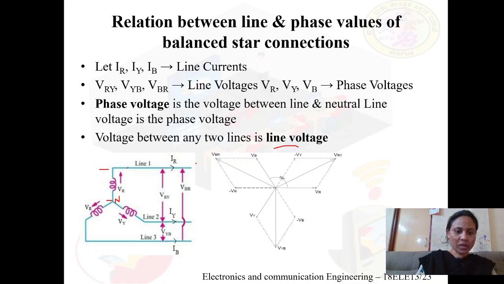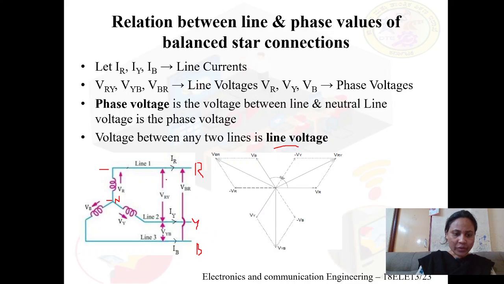Say for example, if these are the lines R, Y and B, the difference between the lines R and Y, we call that voltage the line voltage, or the voltage difference between the two lines R and B can be called a line voltage, or the voltage difference between the lines Y and B can be called another line voltage.